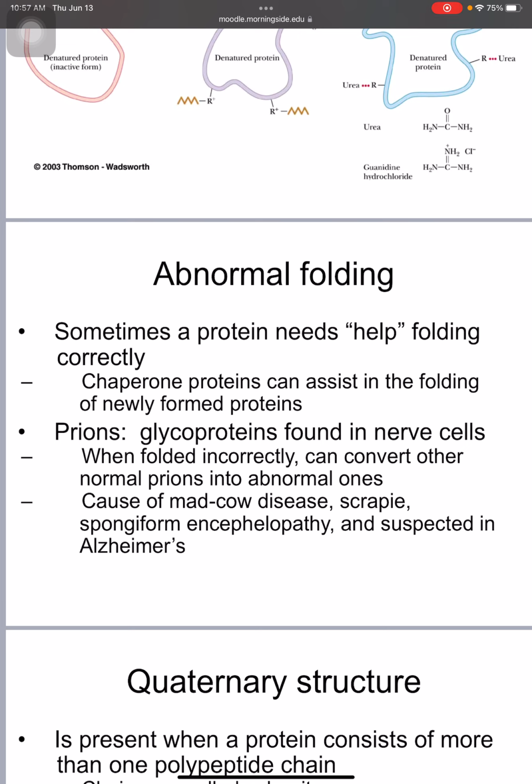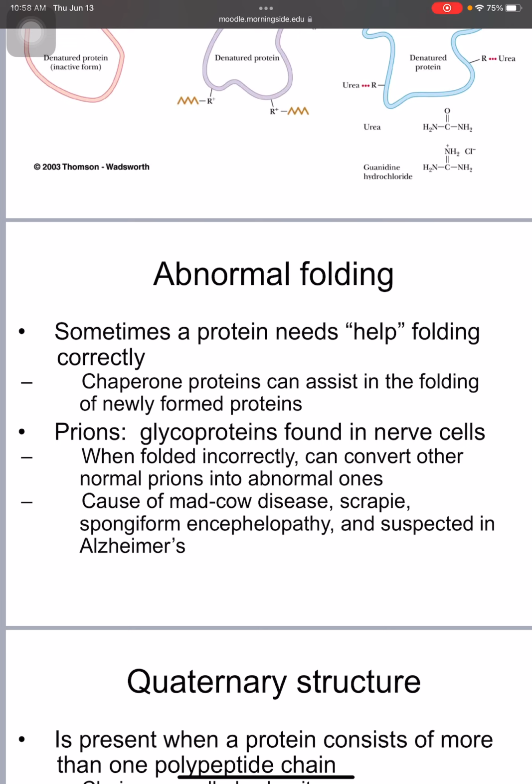However, it is possible for certain factors to disrupt the folding of prions. And that's very, very bad. Because since prions are chaperone proteins, if a prion is folded incorrectly, it's still going to act as a chaperone, but it is going to chaperone newly formed proteins into also folding incorrectly.